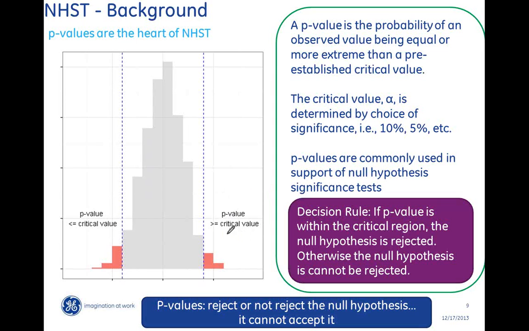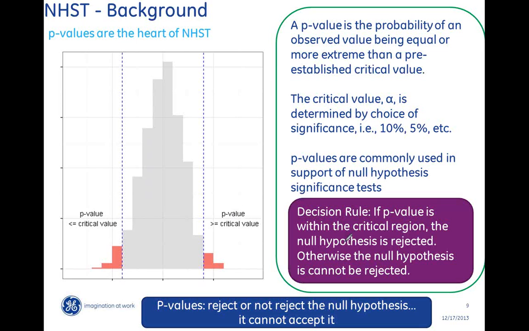This shaded red region is the actual probability that the value I'm testing is as extreme as the critical value or more. So it's testing whether my observed value is equal to or more extreme than my critical value. The reason I use more extreme, rather than greater than or less than, is, again, it's a two-tailed test, so it could be either greater or less.